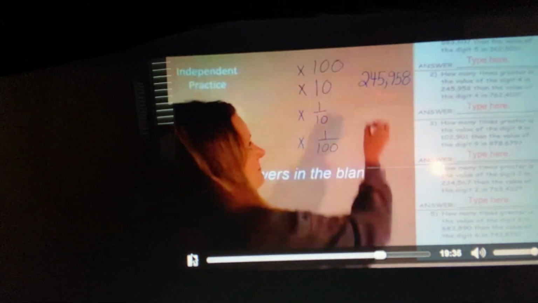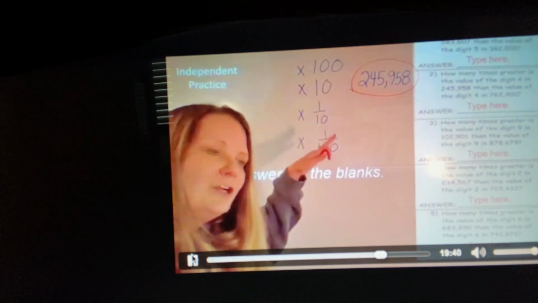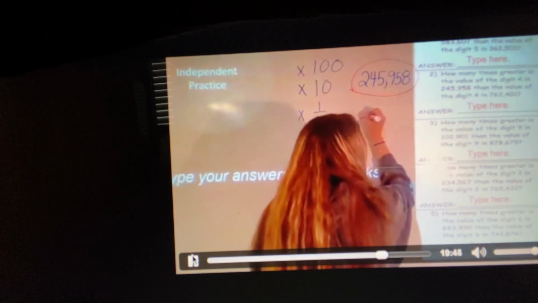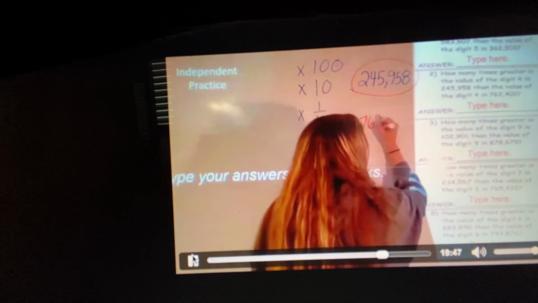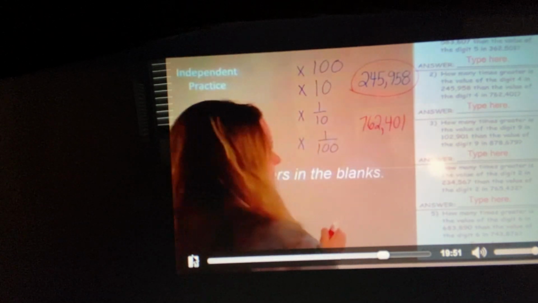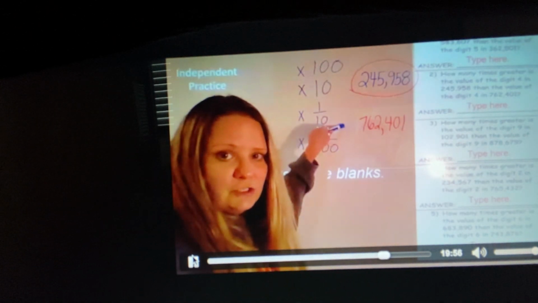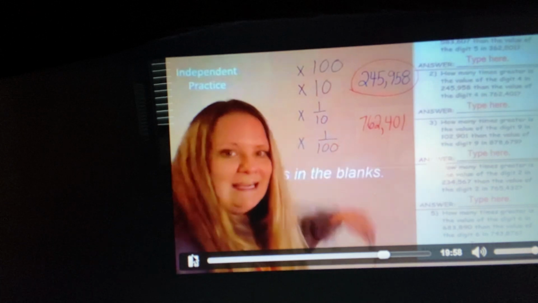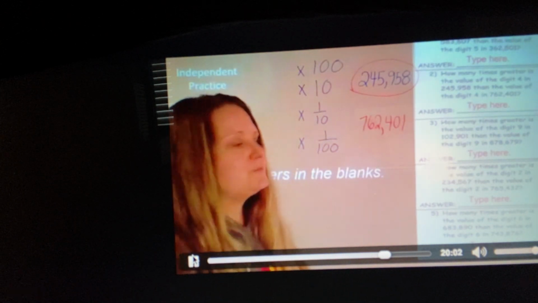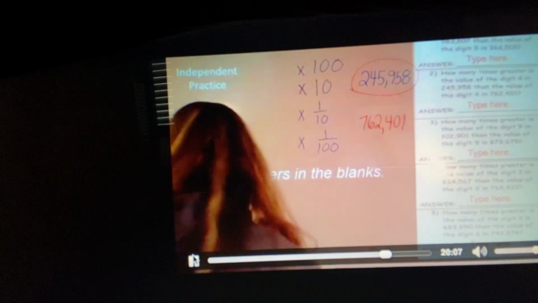It's asking you about this number, and it's asking you to compare that number to the value of the 4 in 762,401. Is it asking you to compare these two numbers? No. It's asking you about a specific number in a specific place type. What is that number? If you said 4, that is correct.